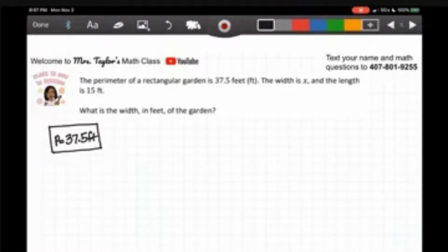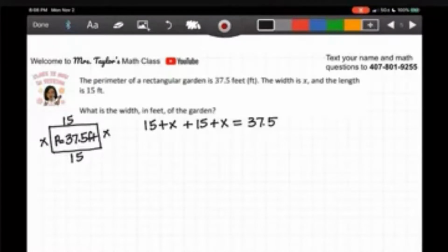The width is x, so that's on both sides. And the length is 15 feet, 15 here, 15 here. Now, in order to find the perimeter of any shape, you just add up all the sides all around. So this is going to be 15 plus x plus 15 plus x, and that's going to give you 37.5, which is the perimeter.